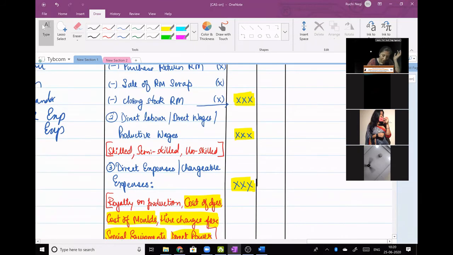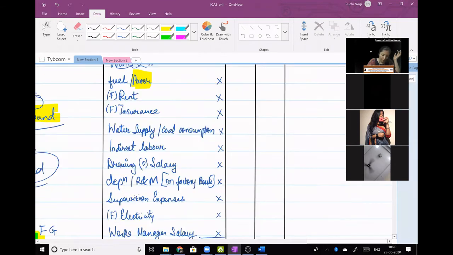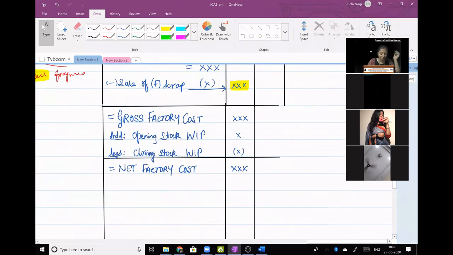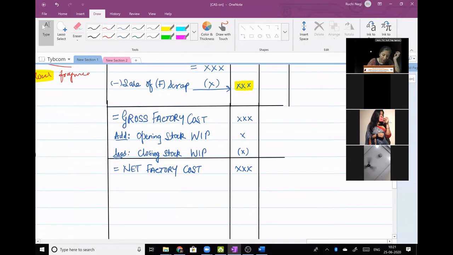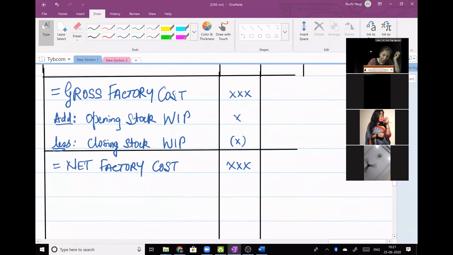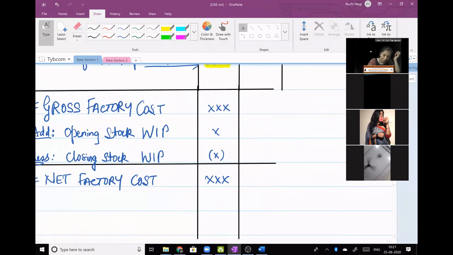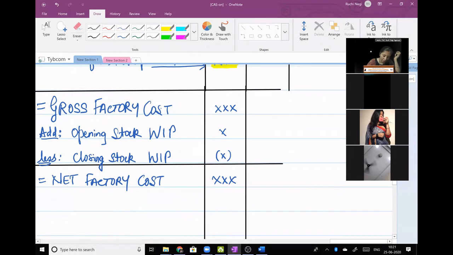After prime cost, all these things will be added. So gross factory cost, add opening and closing WIP, net factory cost. Make a note of all these things.